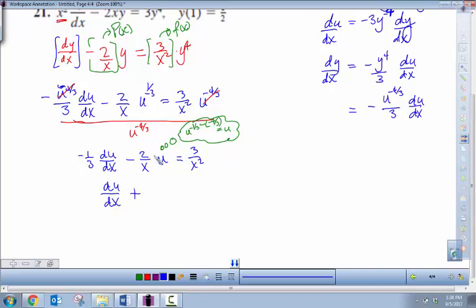So this becomes 6. So now you have a first order linear differential equation with u as the variable. Do you remember how to solve that?